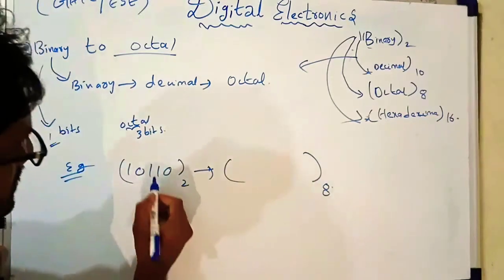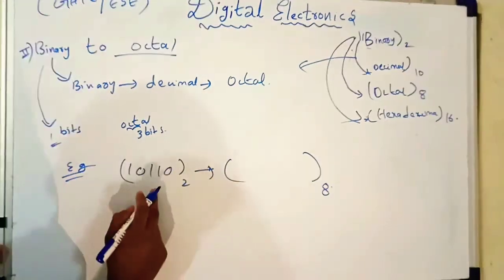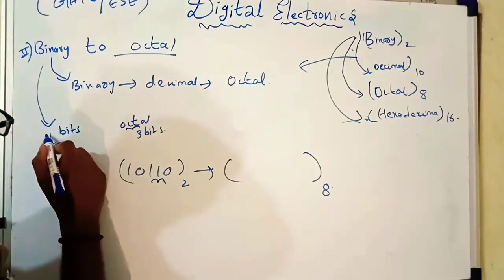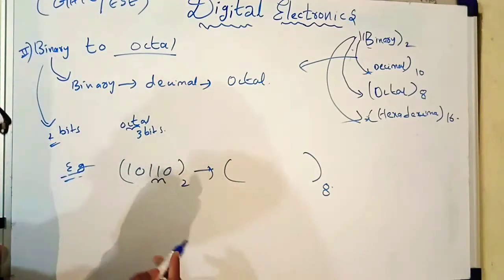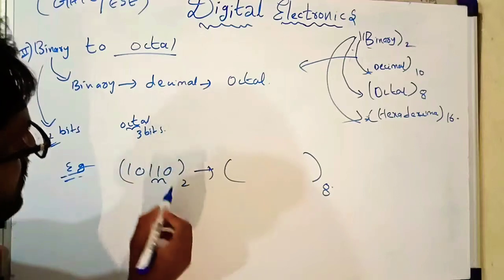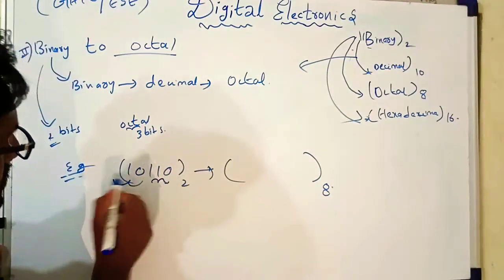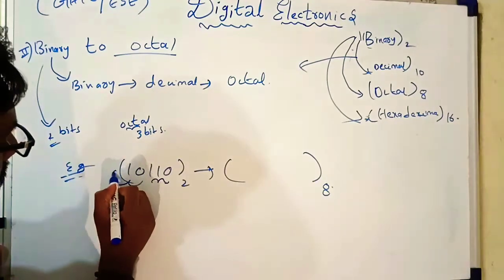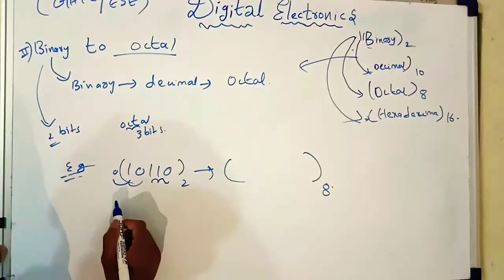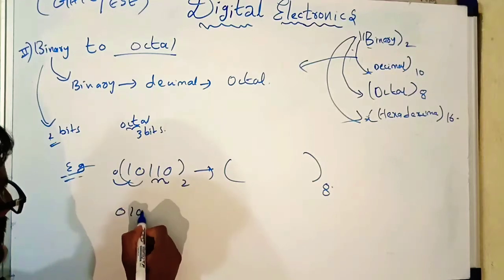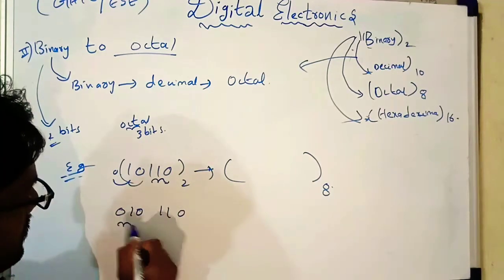So here in binary 3 bits is equal to one octal number. So separate these 3 digits and here 3 digits. Here there is no 3 digits, so you can add 0. So this is 0, 1, 0, 1, 1, 0.